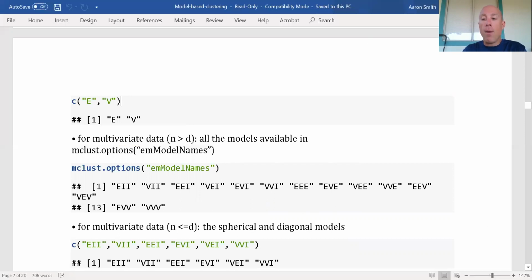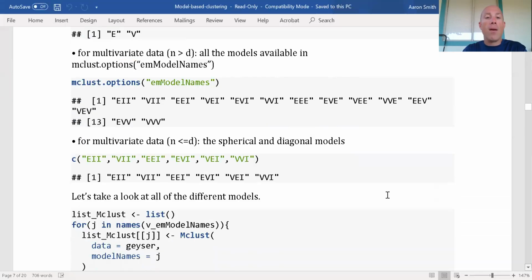Now, if I'm in a situation where I have less data than I have dimensions, then I'm limited to what I can go with. It has to be a spherical or a diagonal model. Now, this is one of those fun times in statistics where I can have fewer data points than I have dimensions. Also, if I'm in this type of situation where I have more dimensions than I have data points, I probably want to pull in a conjugate prior.